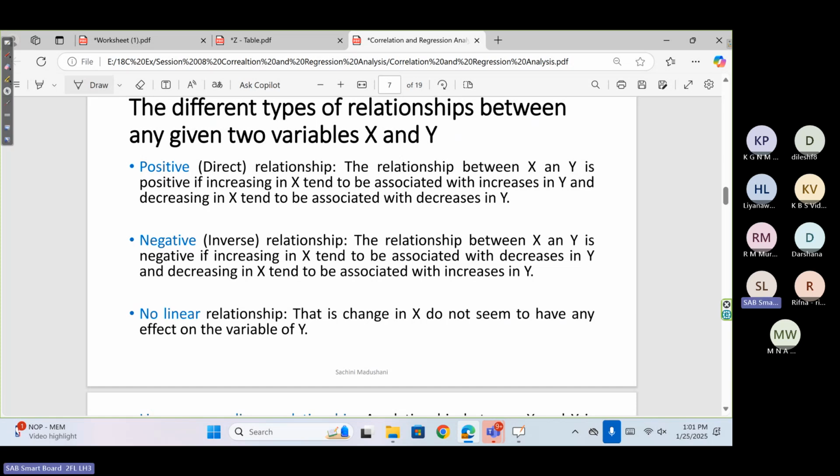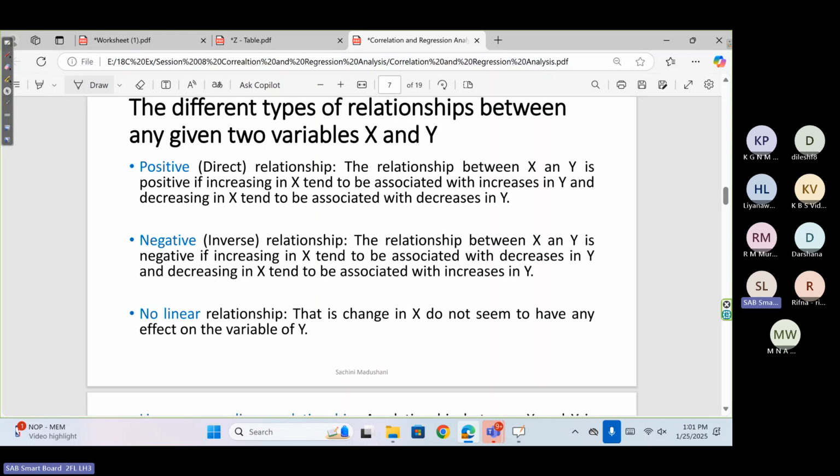The next one is no linear relationship. Sometimes we cannot identify a linear relationship. Some variables have a relationship, but it is not linear. The meaning is that change in x does not seem to have any effect on y. Here x is the independent variable and y is the dependent one.